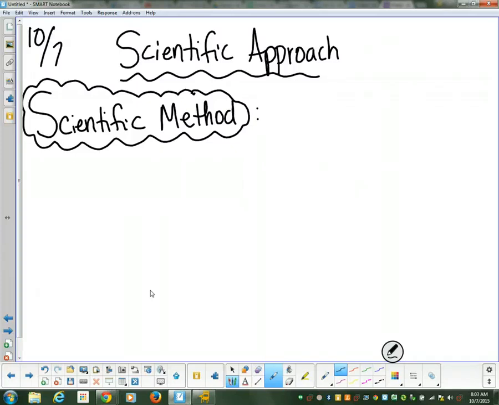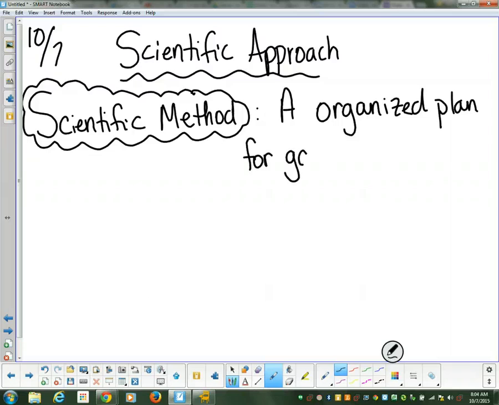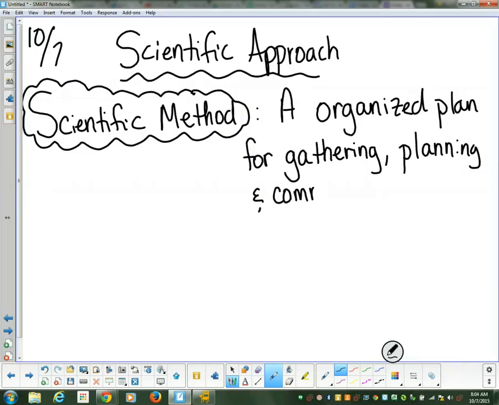The scientific method is an organized plan for gathering, organizing, and communicating information. So it's a plan, an organized plan for gathering, organizing, and communicating information.